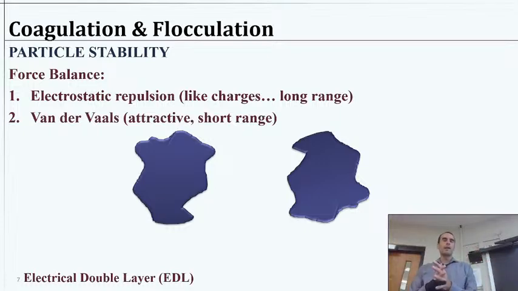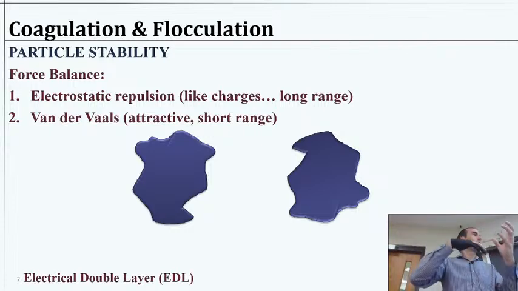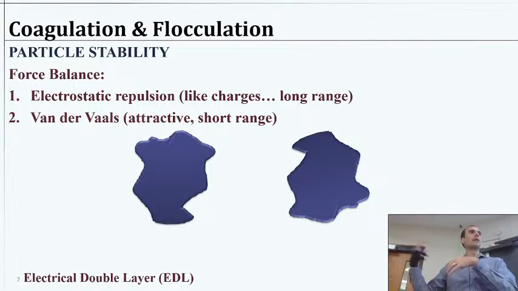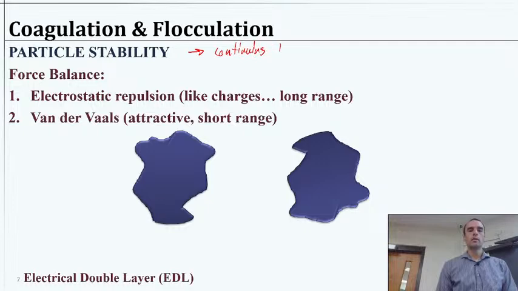When they get stuck, they tend to aggregate into larger particles, and then they tend to fall out of solution, sediment. So stability means they are going to continue to be free-floating individual particles. The terminology is a little funny, but this means they are continuing to stay suspended, essentially.